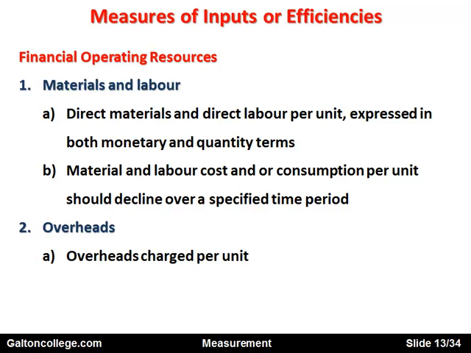So let's say the overheads were £1,000 a week and the company produced 100 units a week. Does that mean that each unit has to pay £10? The overheads are 1,000 and there's 100 produced, so the overhead per unit would be £10. But that may not be fair.